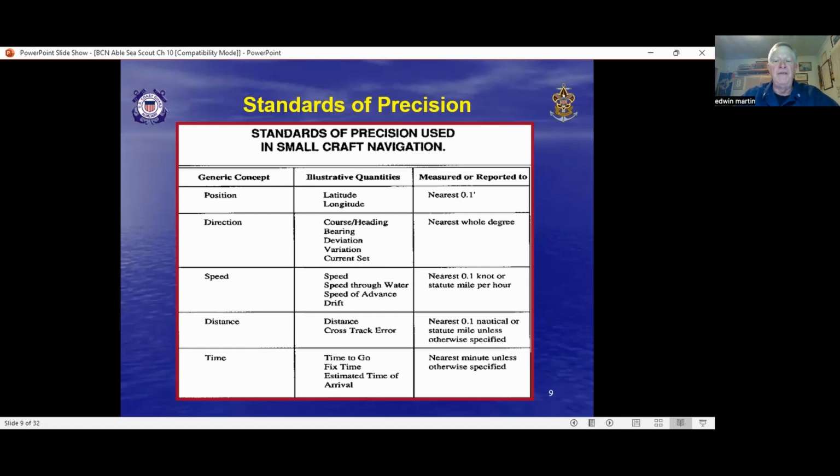Speed, nearest 10th of a knot. Distance, to the nearest 10th of a nautical mile. And some people will differ on that, but usually it's a 10th of a nautical mile. And time to the nearest minute. Very rarely do people go into seconds with time.